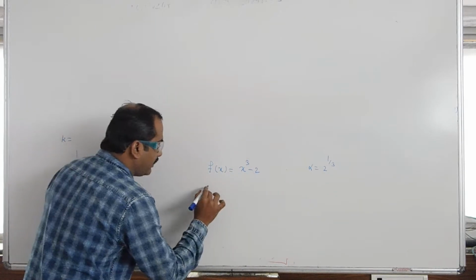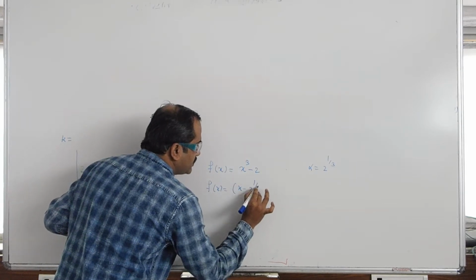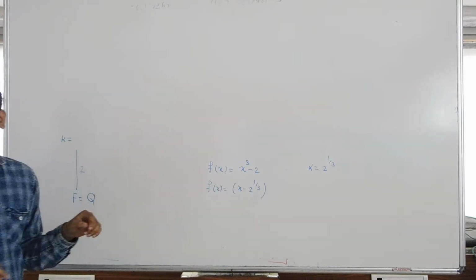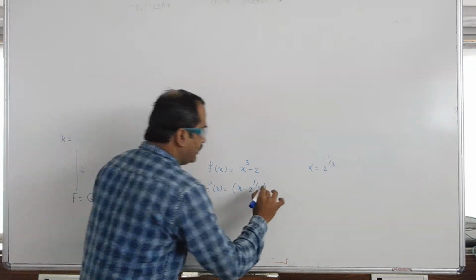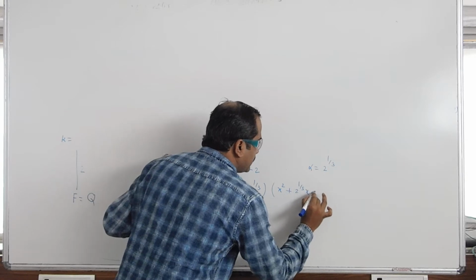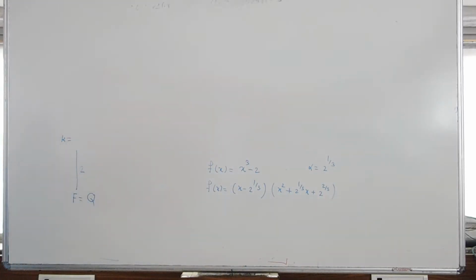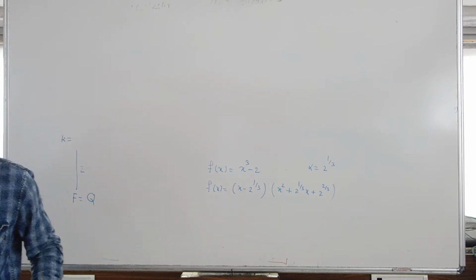Okay, so how are we going to write down f of x? x minus 2 raised to 1 upon 3, into x square plus 2 raised to 1 upon 3 x plus 2 raised to 2 upon 3. That is the factorization, is it? Yes, it is.